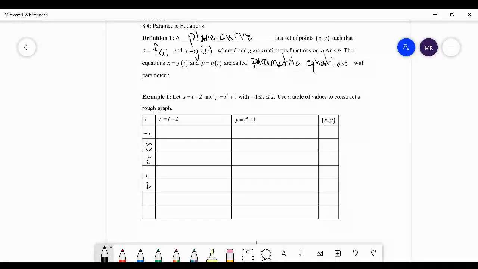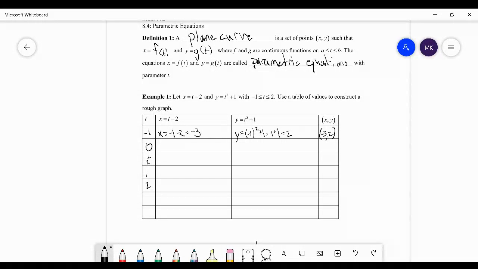Our first point: when t is negative 1, x is equal to negative 1 minus 2, which is negative 3. y is equal to negative 1 squared plus 1, which is 1 plus 1, which is 2. So when t is negative 1, we get the point (negative 3, 2).